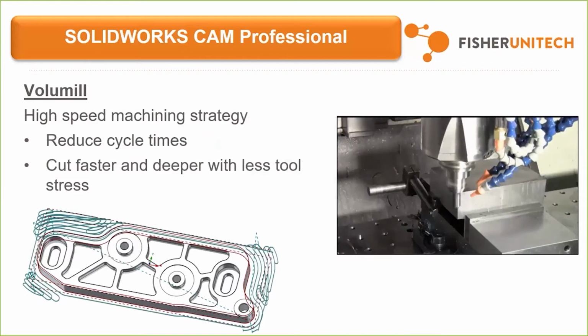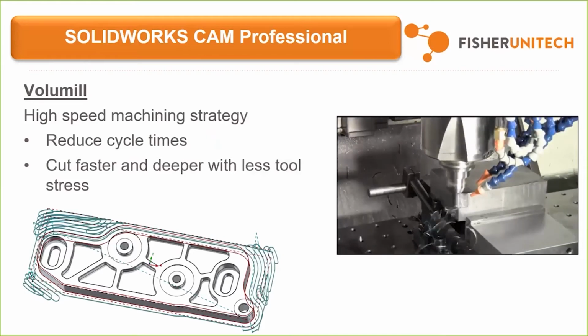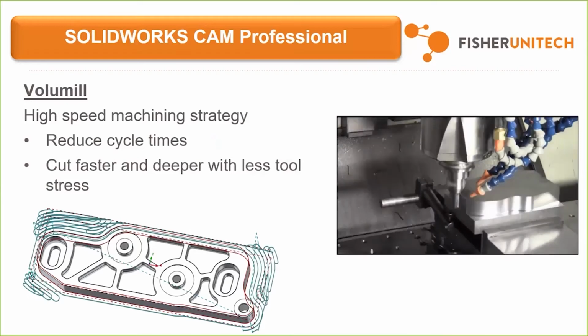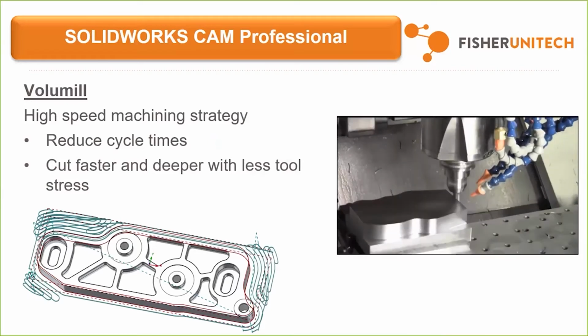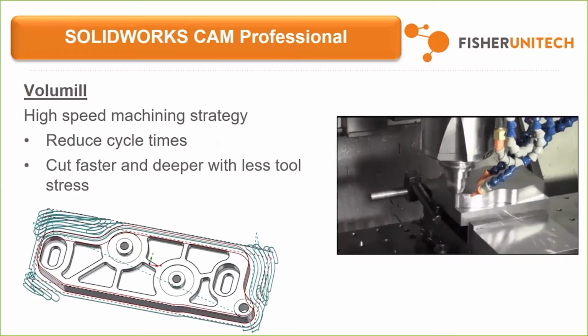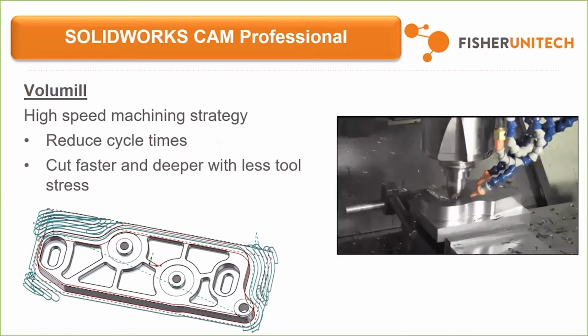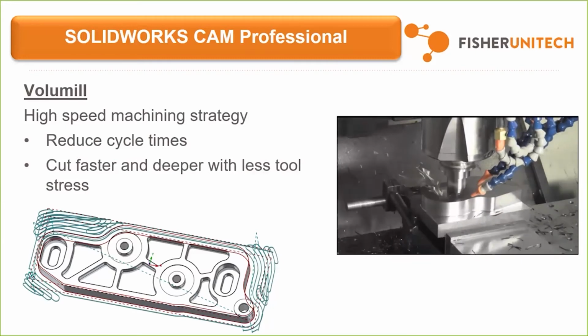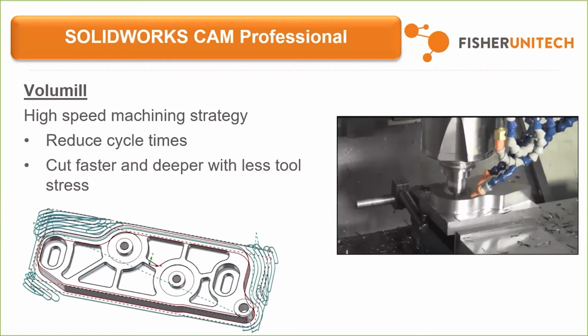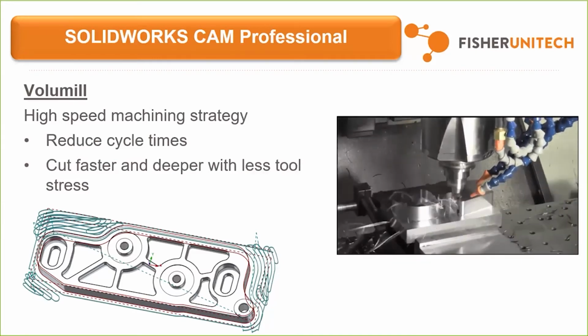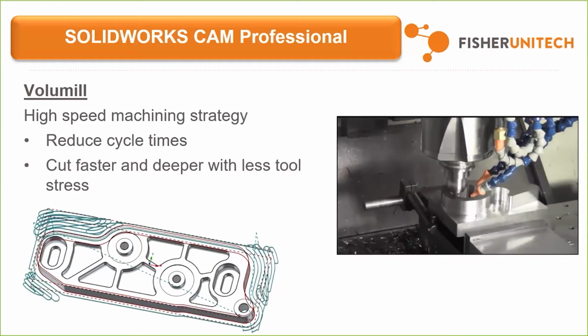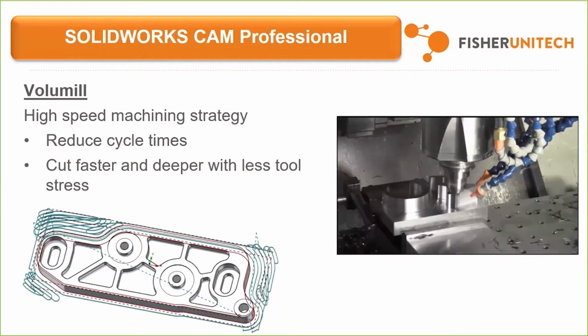For high-speed machining, basically this just reduces your cycle times, and it cuts your parts a lot faster. It also reduces your tool stress, so it can improve the life of your tools as well. Basically, we're able to reduce heat buildup and chip load, and that can decrease the wear and tear on your tools.